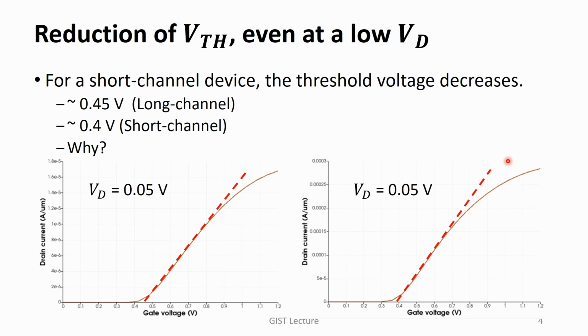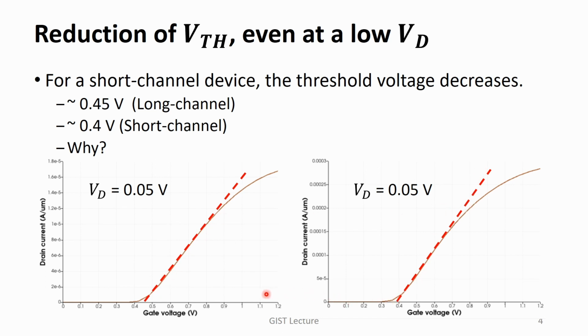For short channel device, the threshold voltage is reduced even at a low drain voltage. These figures show the input curves of two devices, long channel, short channel. I just made a rough estimation of the threshold voltage by using the GmMax method.